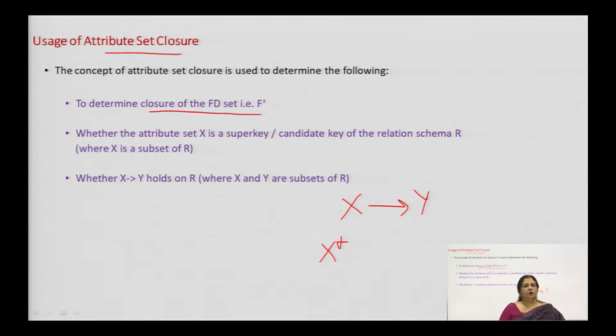Two other applications of the attribute set closure are to see whether an attribute set X is a super key or a candidate key of the given relation.